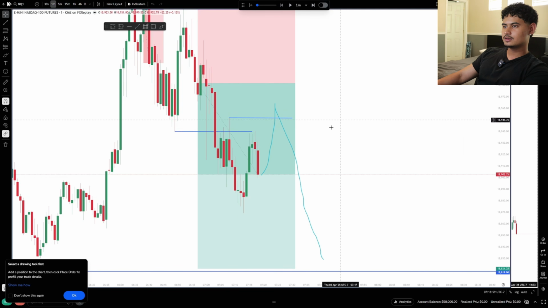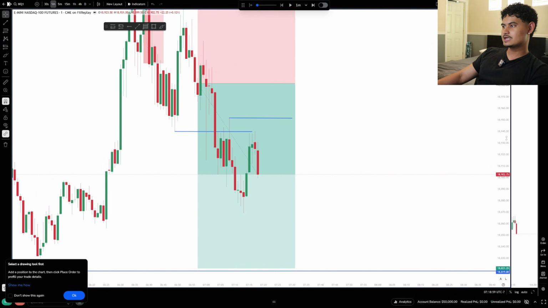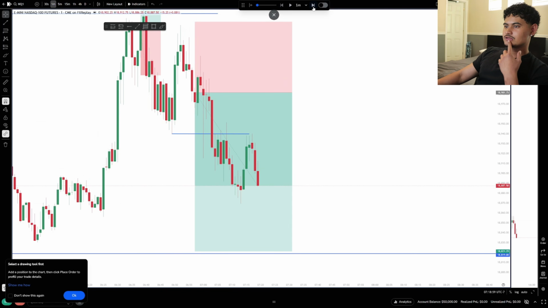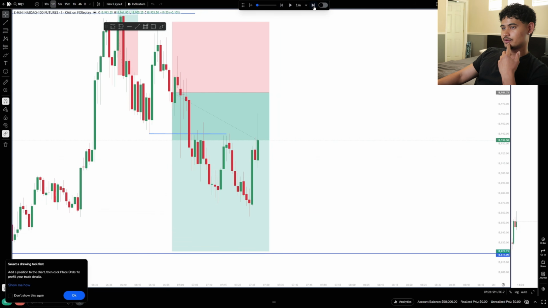I just feel like that can happen, and we still have these gaps right here. But this is a nice entry, it looks like, but it's a little risky to me. Well, we did just get that re-sweep right here, but price action isn't looking very great right now.